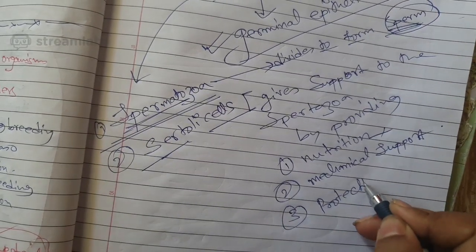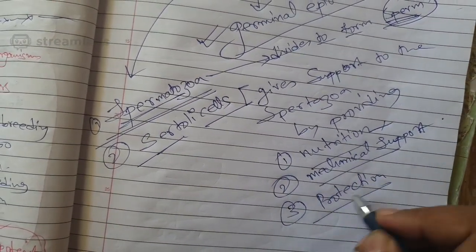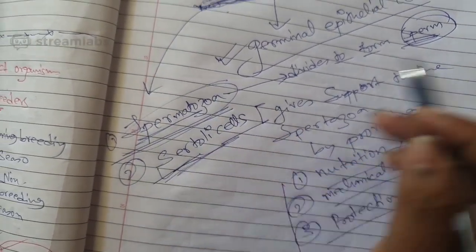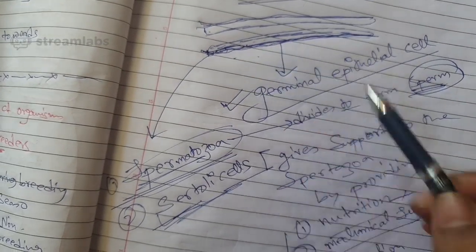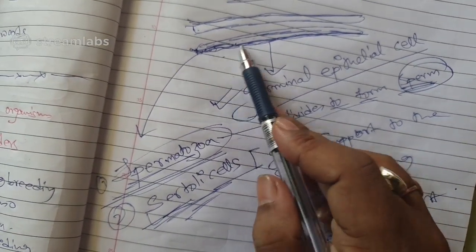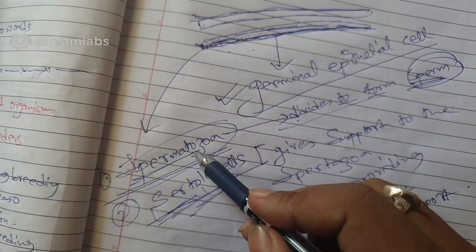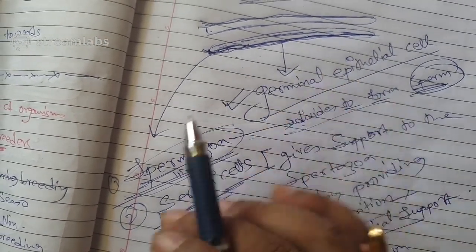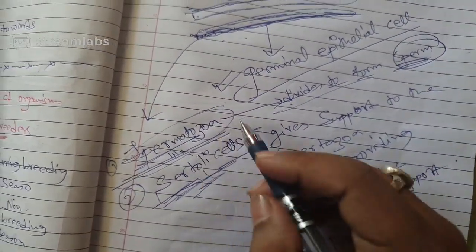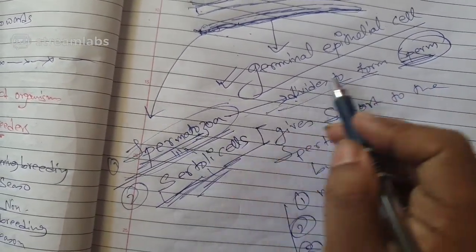Okay, so it gives nutrition, mechanical support, and protection to the spermatozoa. So certainly both spermatozoa, from which the sperms form, and the Sertoli cells are present in the basement, and Sertoli cells are the supportive cells which help to develop the spermatozoa, or give it protection or mechanical support or nutrition so that it can form the sperms.